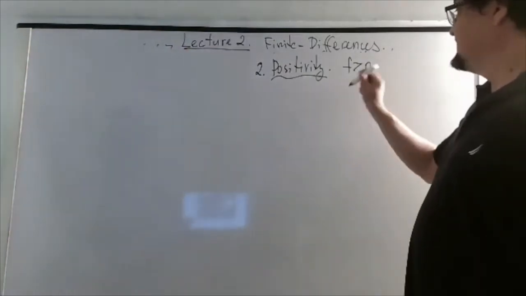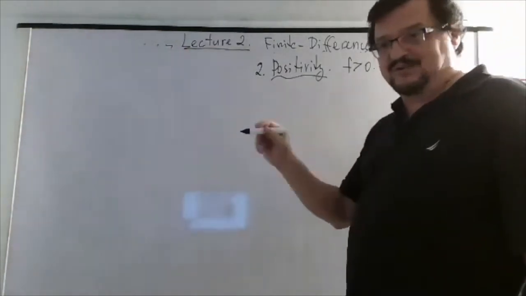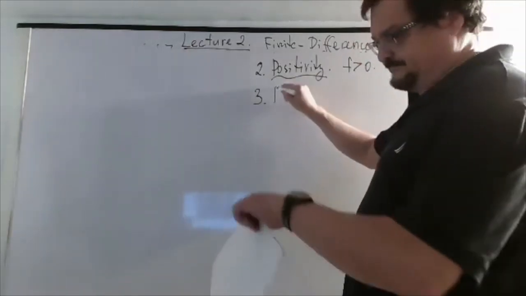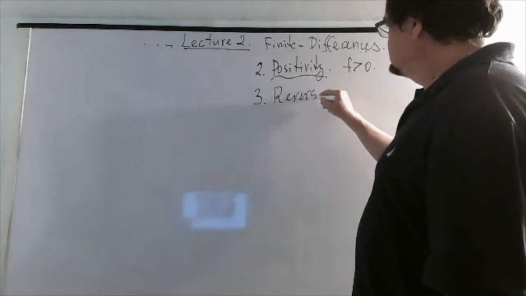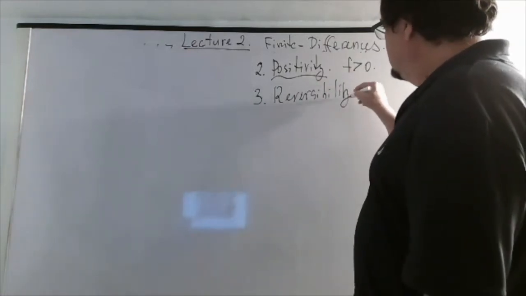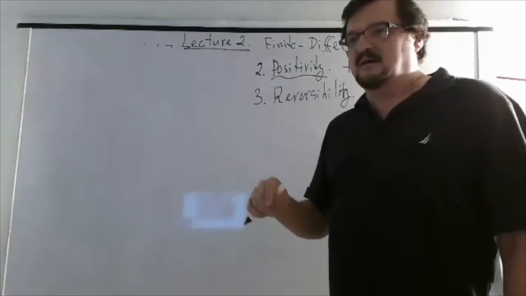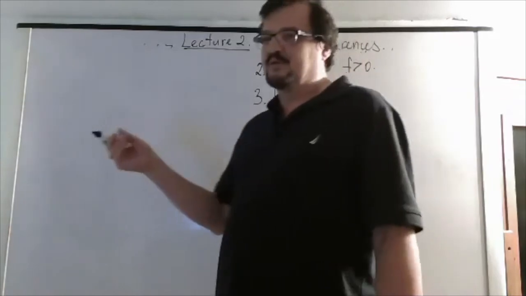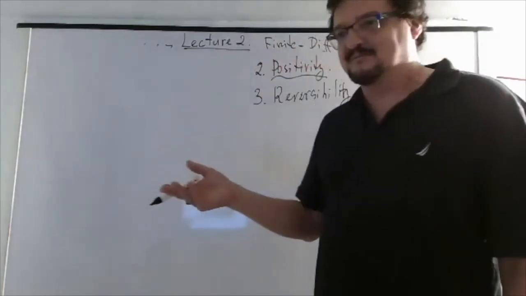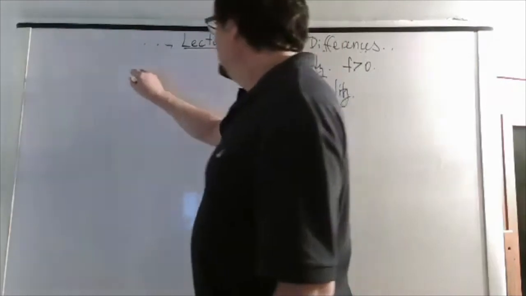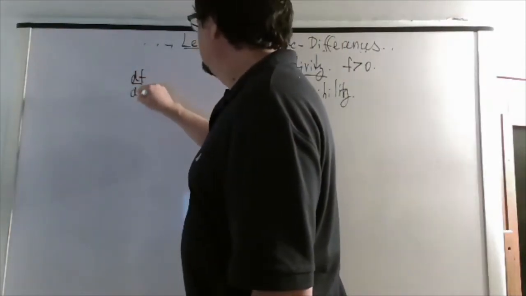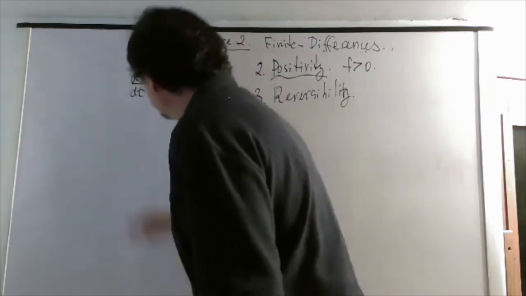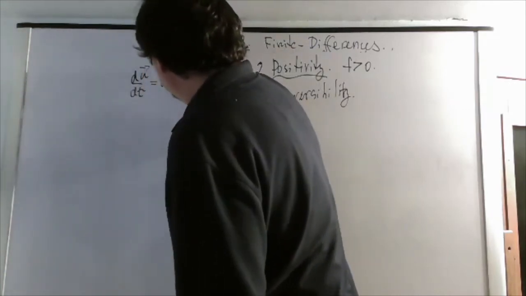So positivity, nice to enforce, and there are ways of doing that too. Three, reversibility. It means that if the original equation can be reversed in time, for example, the momentum equation without diffusion, like df/dt equals 0, du/dt, velocity, equals pressure gradient.